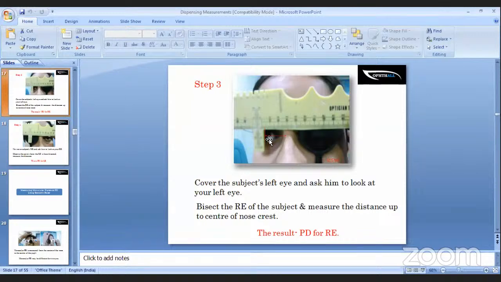You can see here we are bisecting the center of the pupil, and then we are observing on the center of the nose at which number the scale in the optician ruler is falling. So this distance between the center of the nose and the pupil is known as the monocular distance PD for the right eye.